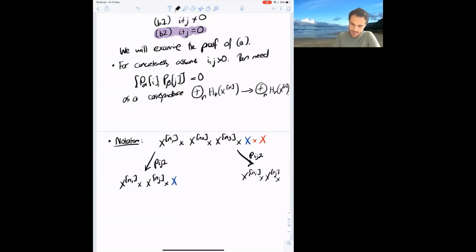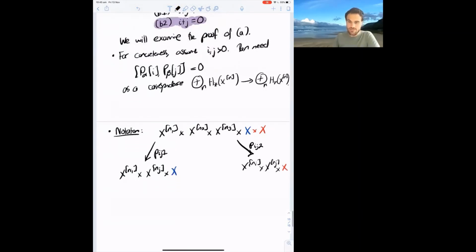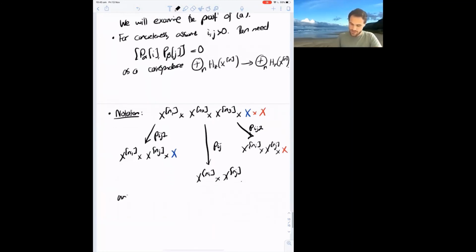Yes, this is the red X. And last of all, I need Pij to go to X^[n_i] times X^[n_j]. Then we recall that we also have these projection maps. So the Pi lives inside a triple product, and this is just a projection onto the third factor.